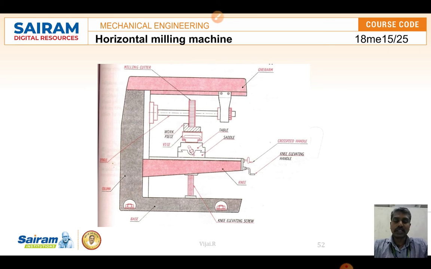You can see in this picture the knee, guided by the vertical guideways and operated with the help of the elevating screw. Over that come the cross slide, the work table, the saddle, and then the workpiece. The knee is very important, because it holds the entire work table and the workpiece. The knee can be operated up and down.